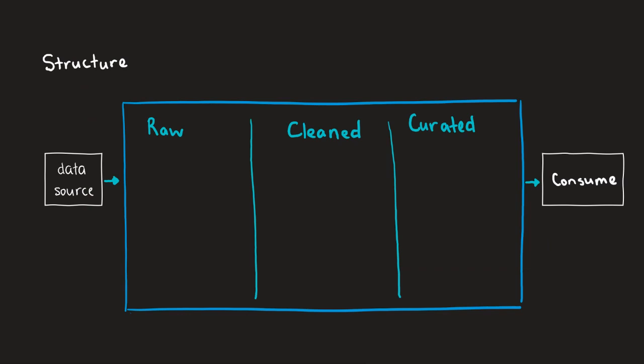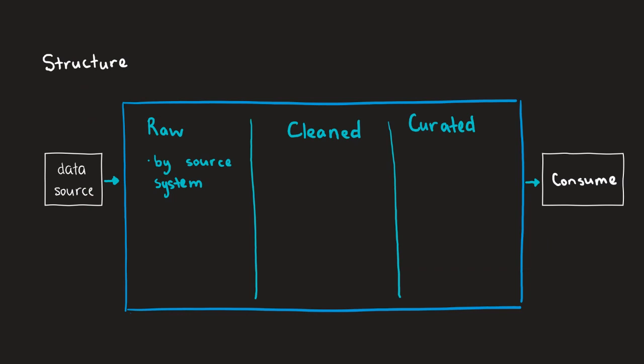If we think about the raw section, this is the area where we pull data in, and we want to bring it in as it is as much as possible. So we want to organize it in the raw area by the source system it's coming from. That means you would have one folder, for example, per source system.